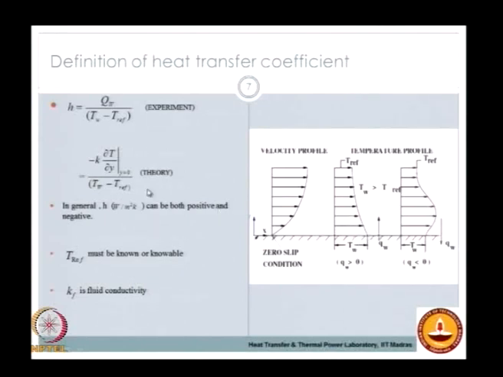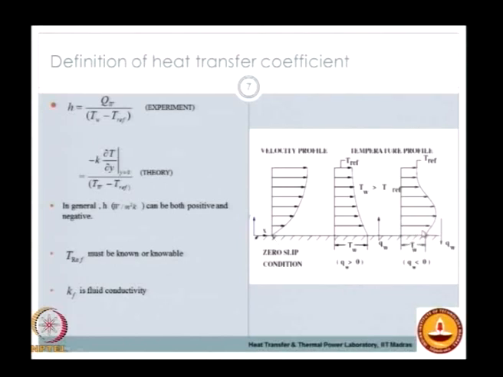In this case, if you define your heat transfer coefficient in this manner, minus k dT by dy at y equal to 0 by T wall minus T infinity, you find that the gradient dT by dy is continuously decreasing with increasing y, and therefore this will be negative and negative, so this becomes positive, and therefore your heat transfer coefficient comes out to be positive.